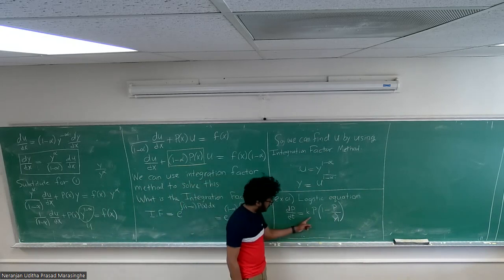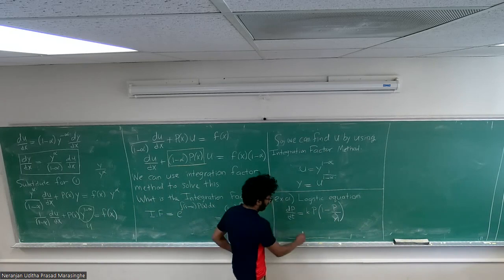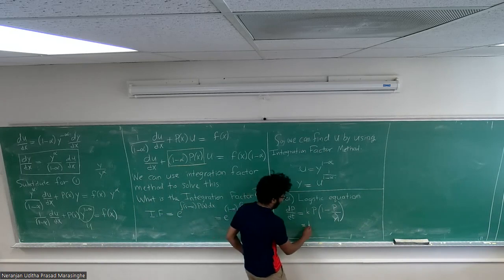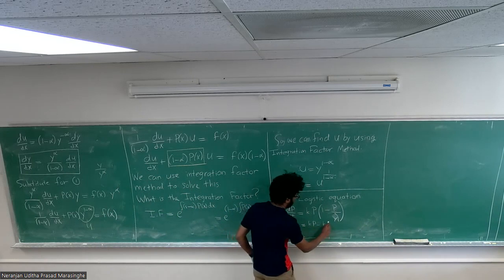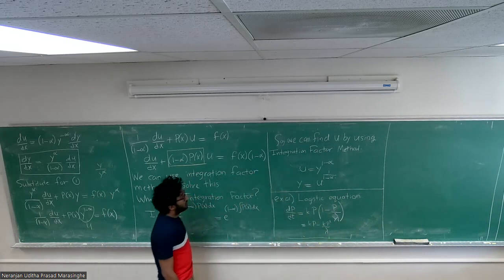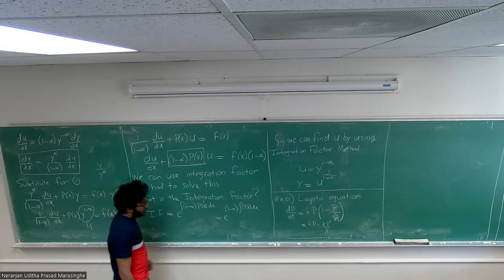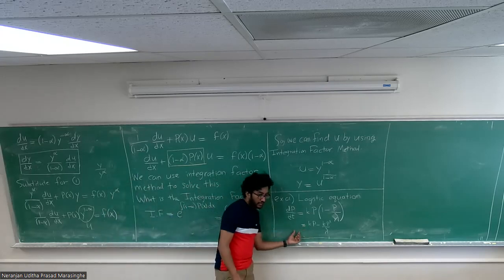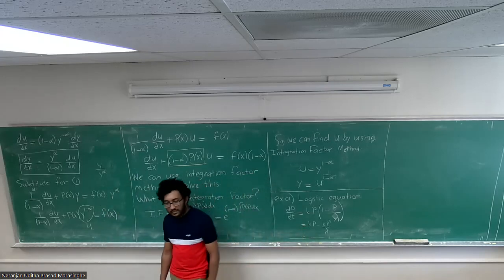Let's try to simplify it. You have k times P minus k times P square divided by lambda. Then take the kP to your left hand side, then you can see something.